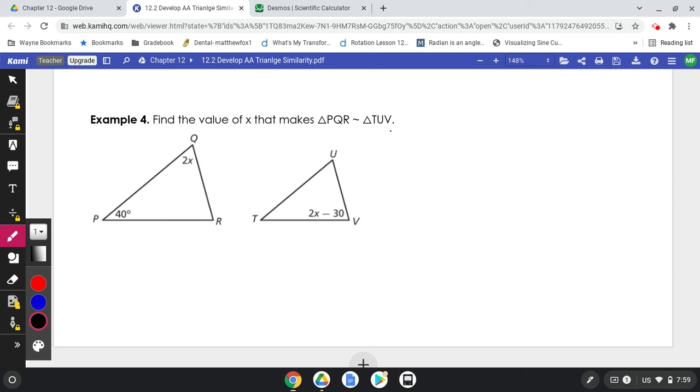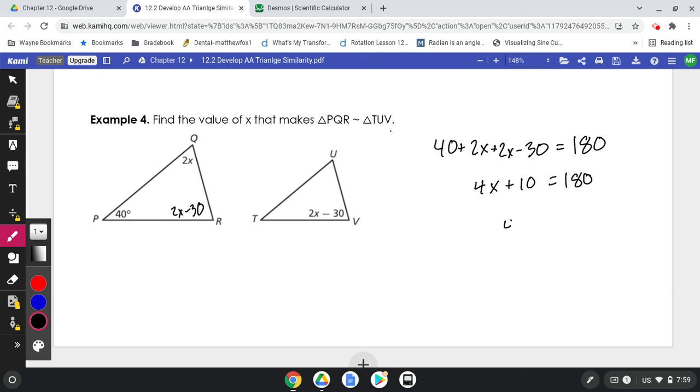But I can fill in that 2x minus 30 here, and if they are similar, then all of those would add up to 180. So 40 plus 2x plus 2x minus 30, all of that would equal 180. So we combine our like terms, we'll have 4x plus 10 equals 180.